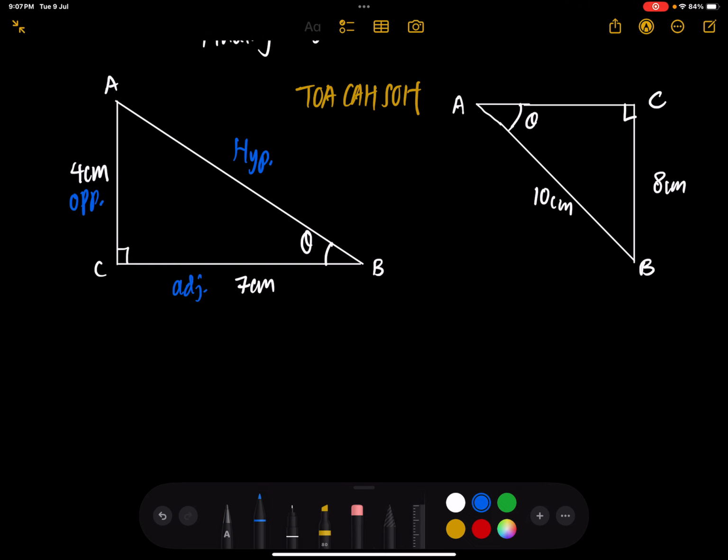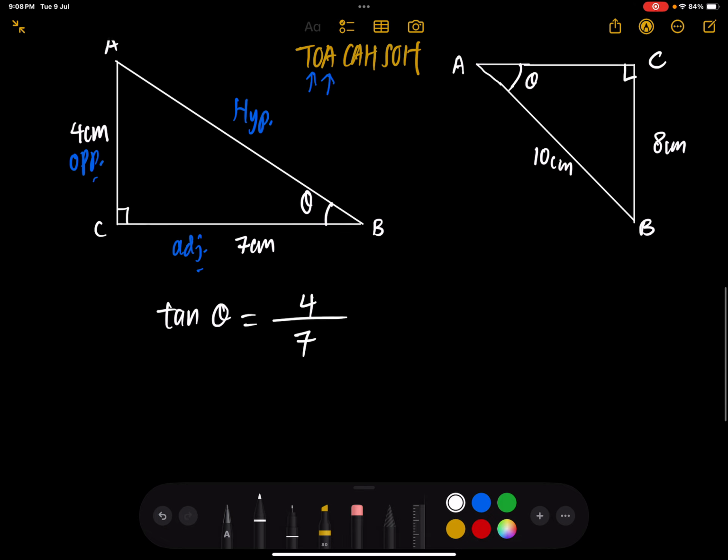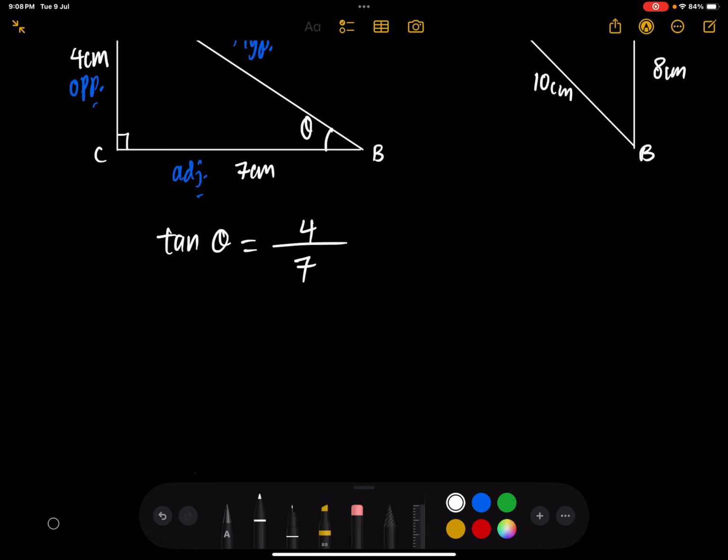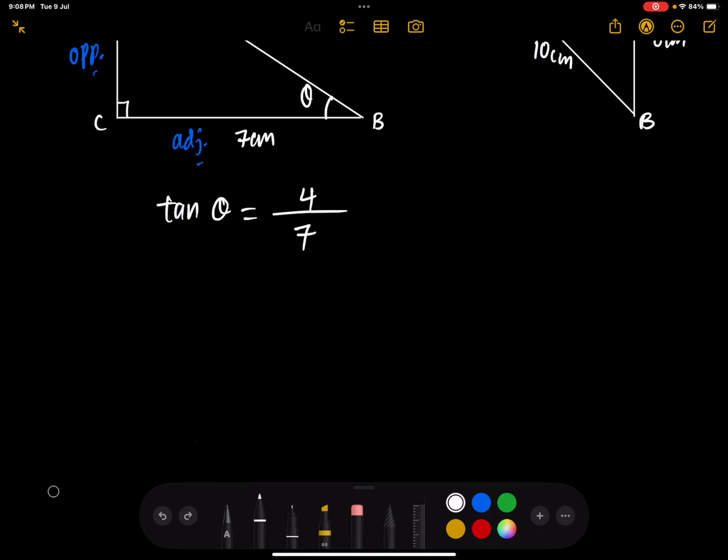Now, I want to find theta. I look at theta. What are the 2 pieces of info I have? I have adjacent and opposite. So I use tangent. Tangent theta equals opposite over adjacent, which is 4 over 7. I want to find theta, so I want to bring this over, but I can't just do that. It's not legal.